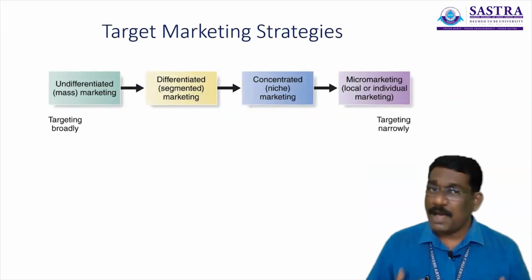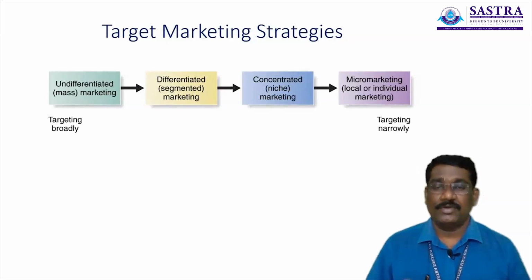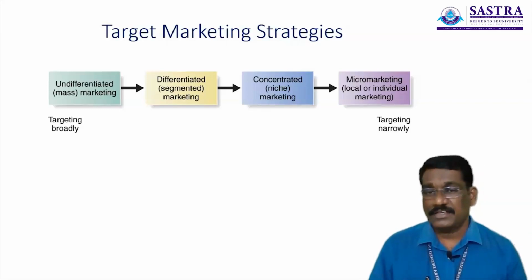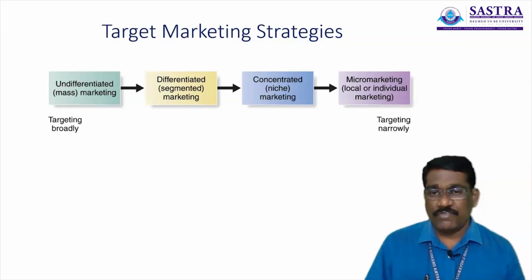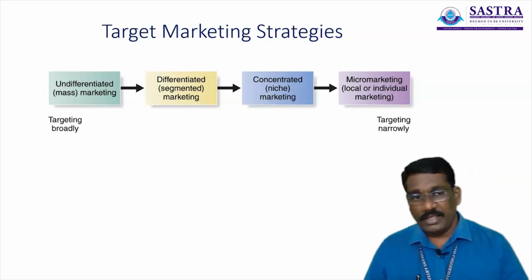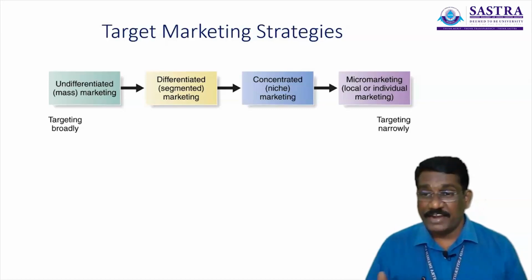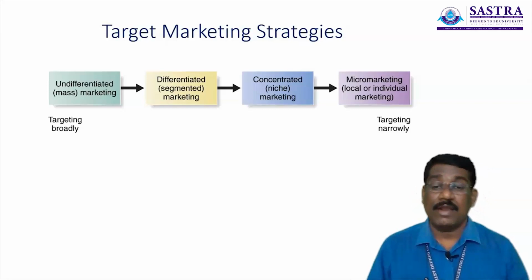Next one, target marketing strategy involves various strategies. It is on a spectrum of two sides, that is targeting broadly and targeting narrowly. On the left side you have targeting broadly, and on the right side you have targeting narrowly.